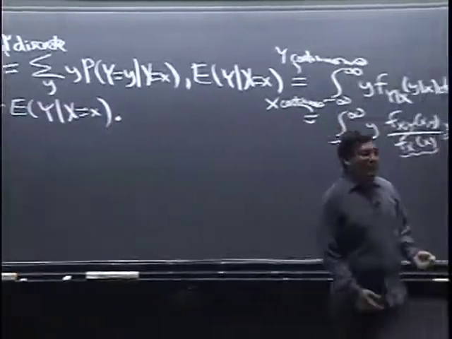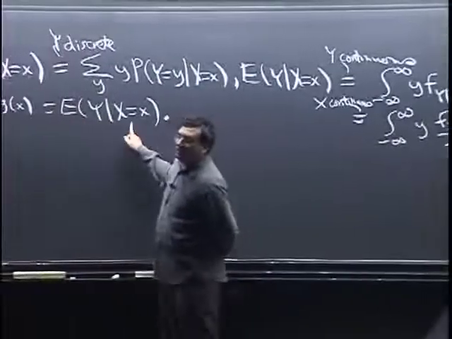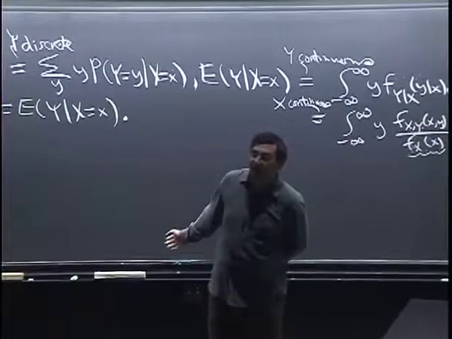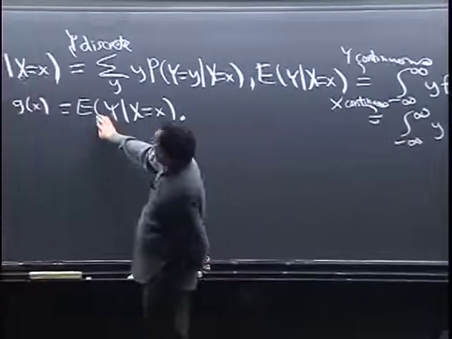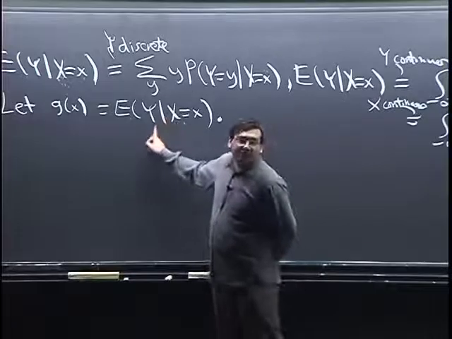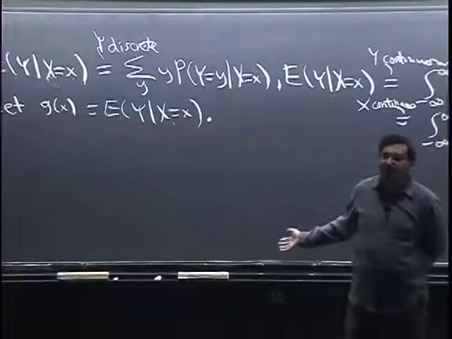I'm writing it as g of x to emphasize this, because I can't even count the number of mistakes I've seen in these kinds of problems, where I give a problem like this on an exam and get an answer that involves capital X or capital Y, which you should immediately know would be completely wrong.